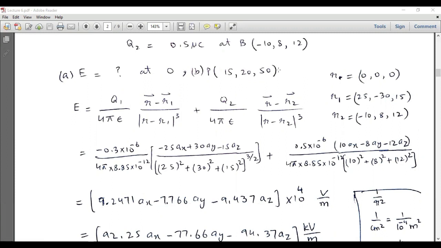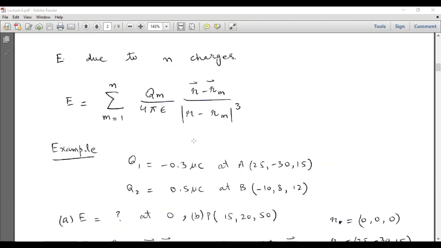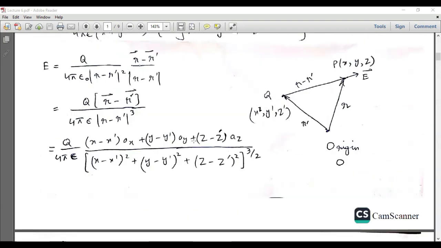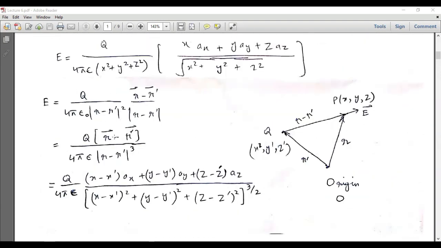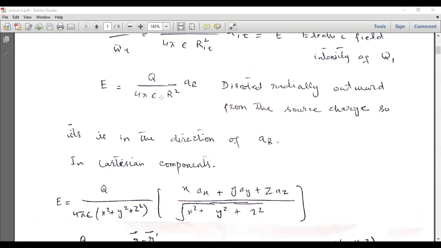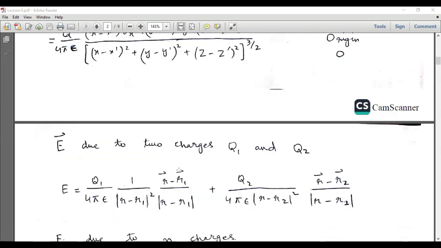Now, since we have used the position vectors in centimeters, and we know that in this electric field expression the 1 over R square dependence is present, we are actually dividing by the square of the position vectors here.